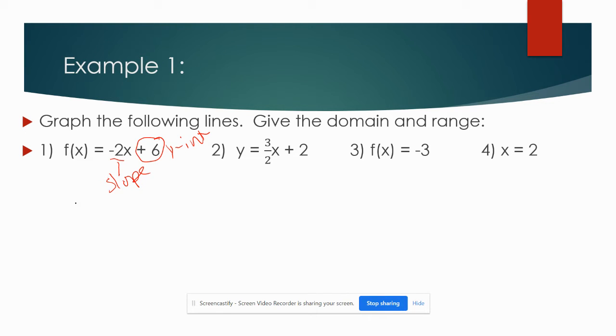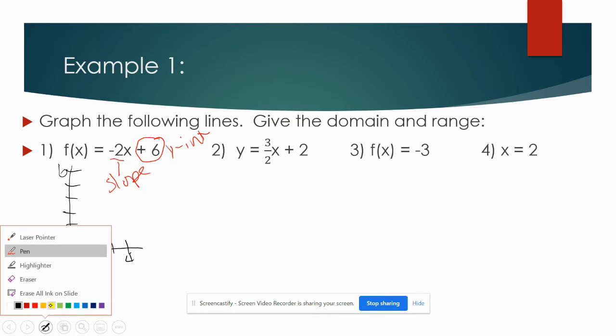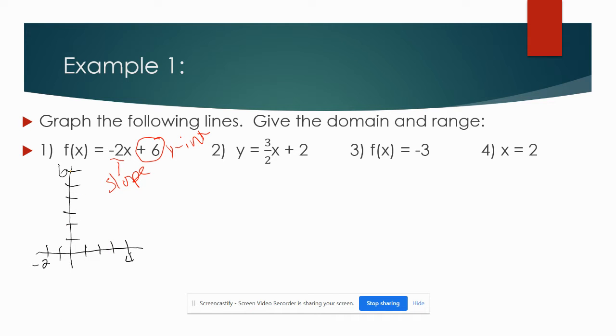So I'm going to make my coordinate grid and start with plotting my y-intercept at 6.